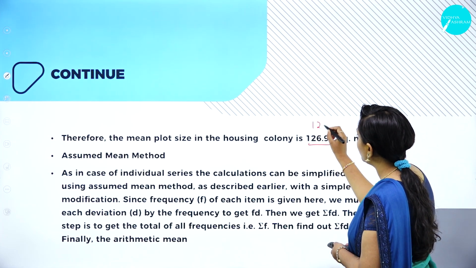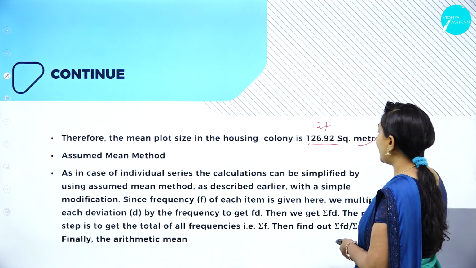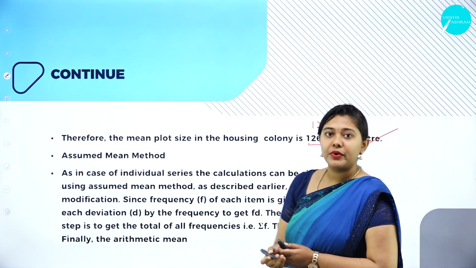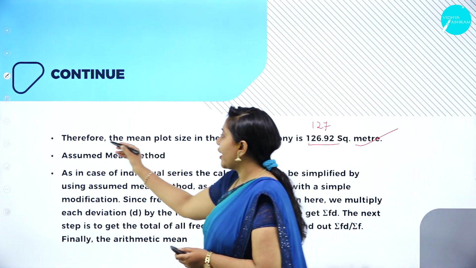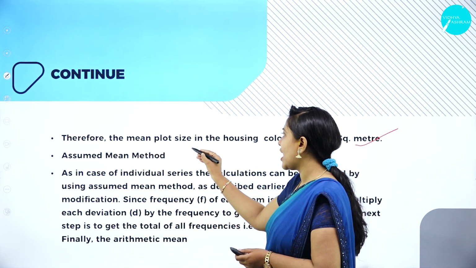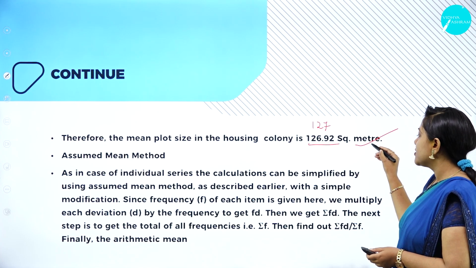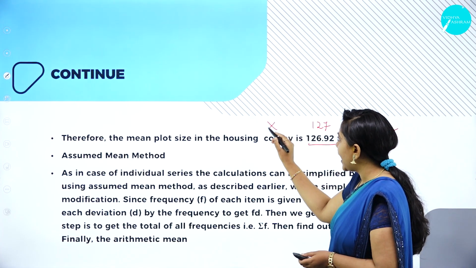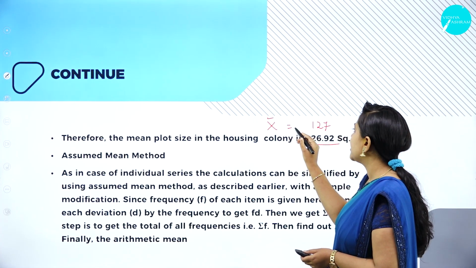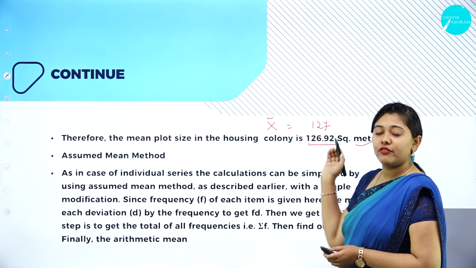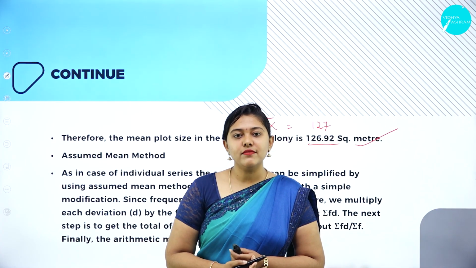It is approximately 127 square meter. Now let's interpret the answer. Therefore, the mean plot size in the housing colony is 127 square meter. So the mean under the direct method for a discrete series is 127 for the problem that we have solved.